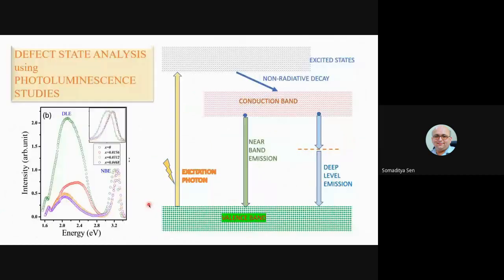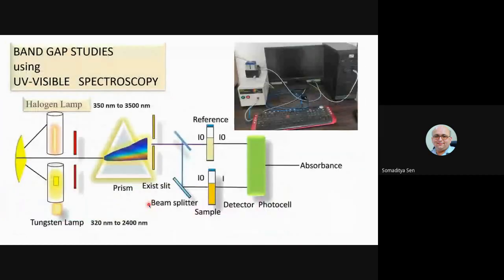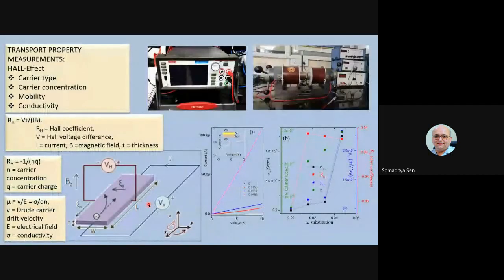Now we'll go a little bit ahead and find out about the transport properties. Okay. When you do the transport properties, you have to first understand what type of carriers are there in this material.